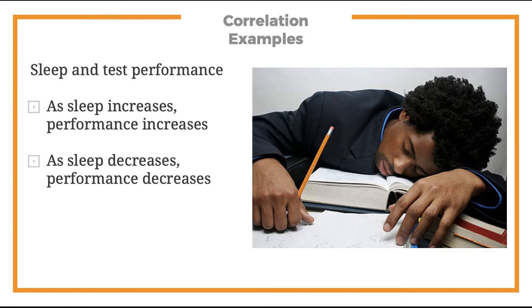So here we see sleep and performance moving in the same direction. They're either both going up, or they're both going down. Because they're moving in tandem, in the same direction, we would call these positively correlated. One variable goes up, that would be sleep, and performance goes up. Or as sleep goes down, our performance also goes down. So those would be considered positively correlated.